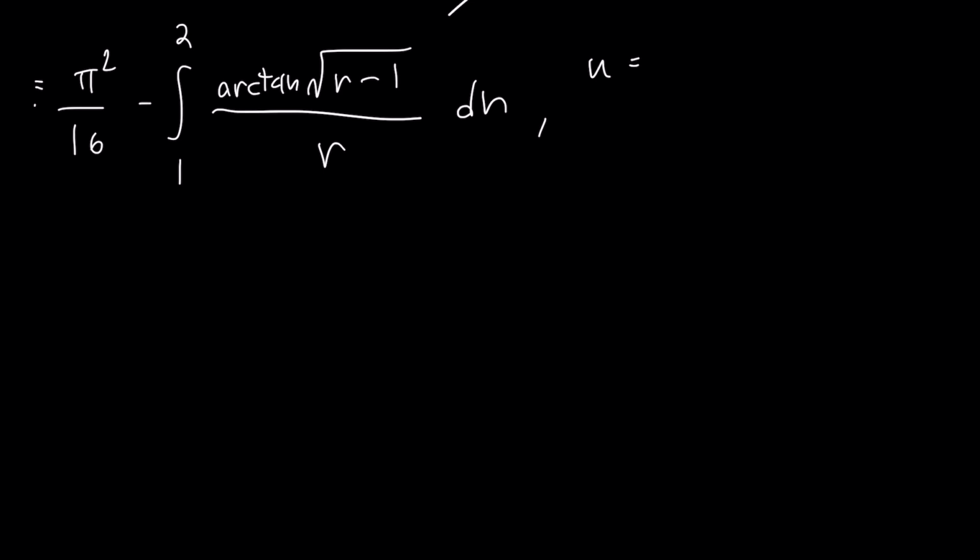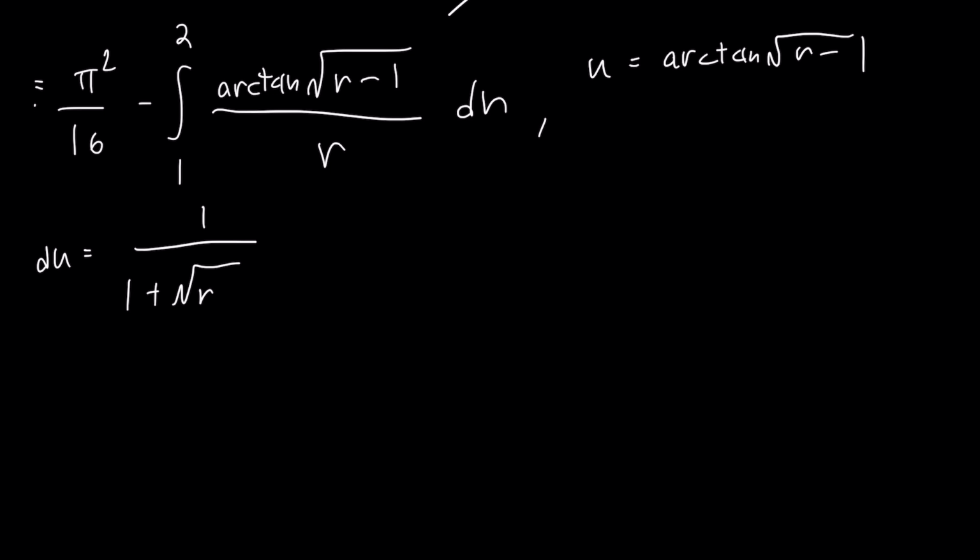So we will let u equal the arctangent of the square root of r minus 1, which means that du will be 1 over 1 plus the square root of r minus 1 quantity squared times the derivative of the square root of r minus 1.